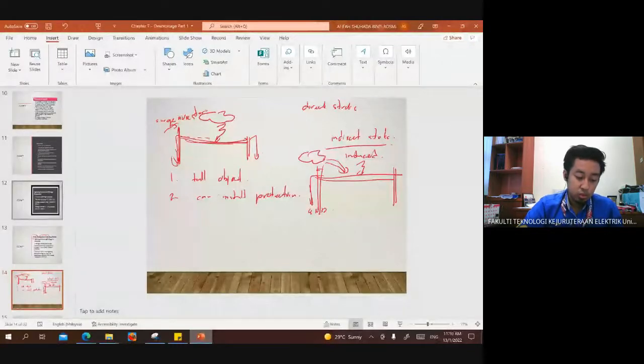Based on the indirect stroke, it will affect the traveling time in the line.